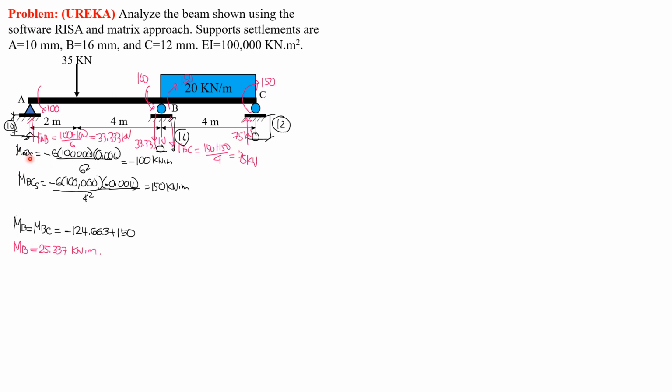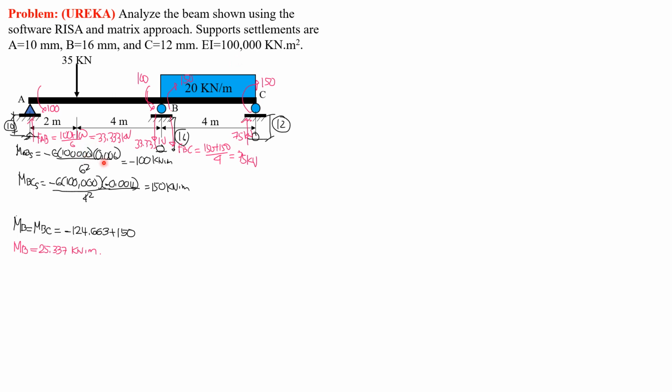So the fixed end moment for AB due to the settlements is equal to negative 6EI delta over L square, where EI is given 100,000 kilonewton meter square.